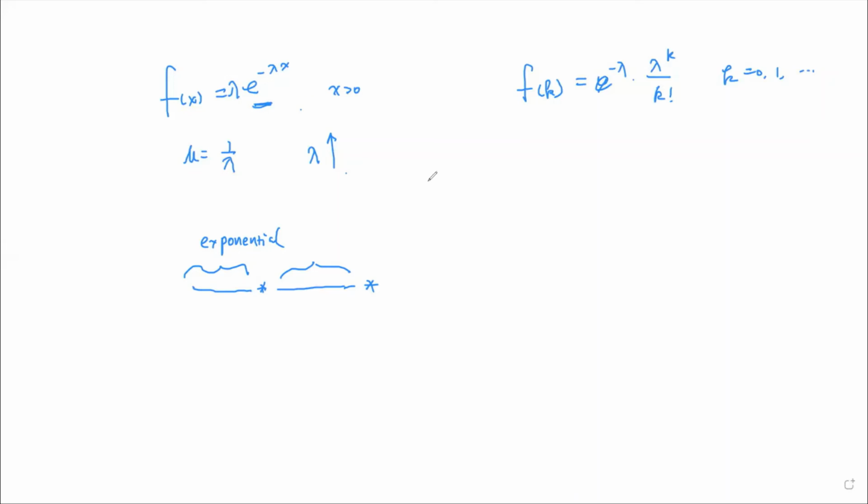So let's think about lambda bigger. Lambda bigger, you have a shorter waiting time, and then you have more small probability events happening in the unit period of time. So this lambda is also the mean of this Poisson. We didn't show that. We can. It's not that bad.